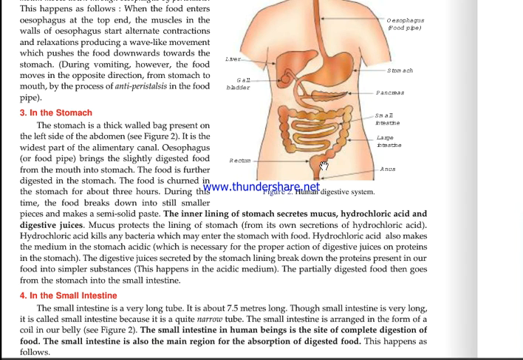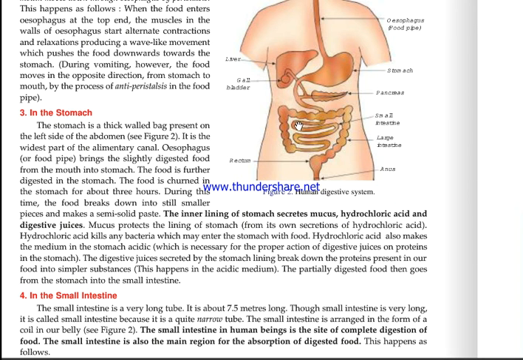That's why it is not considered on the length of the small and large intestine. It is considered on the basis of their cross-sectional area, means the diameter of these intestines.